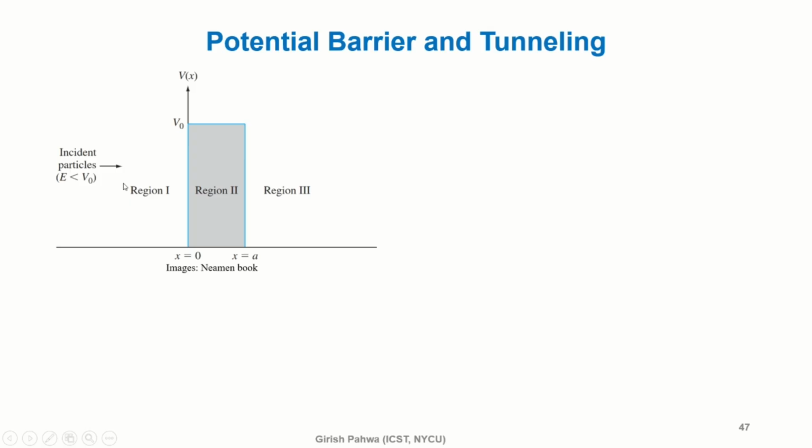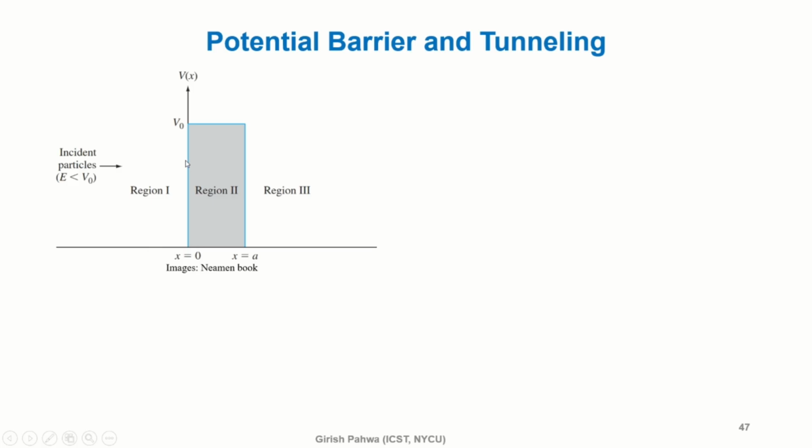Say I have an electron which I incident from the left side to the right-hand side. When the electron reaches here, say the electron energy lies somewhere here. Up to this region, the electron energy is larger than V equal to 0.